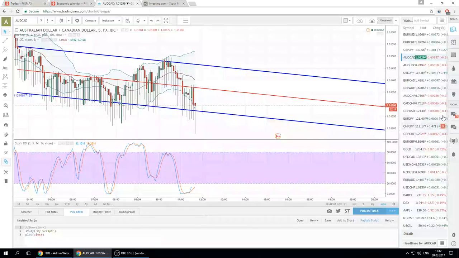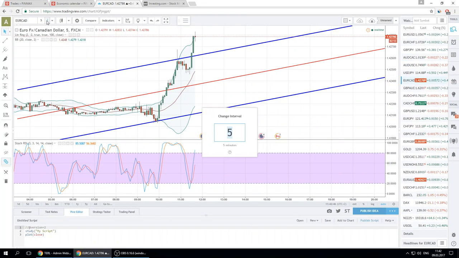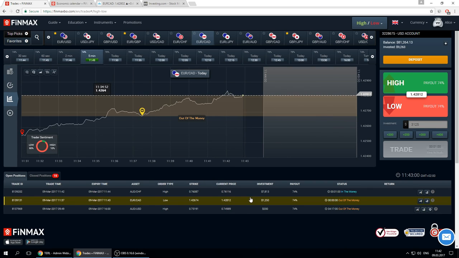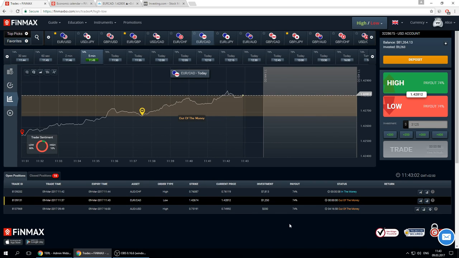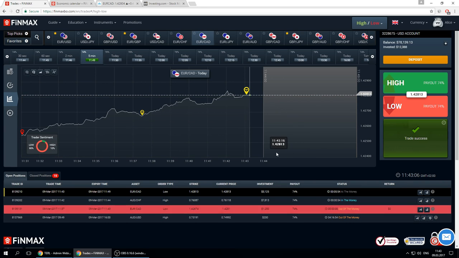Euro to Canadian dollar. Yes, I'm still going to open the next trade for low.